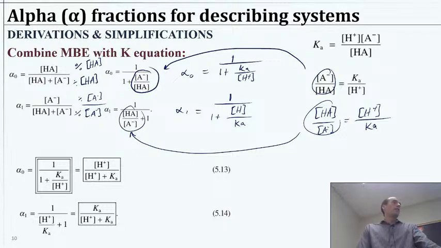Okay, so this derivation is really convenient when we need to find some fraction of something in a solution. Now, we've done this for the alpha 0 and alpha 1 fractions. That's for a monoprotic acid. We can do the same exact thing for a diprotic and a triprotic.